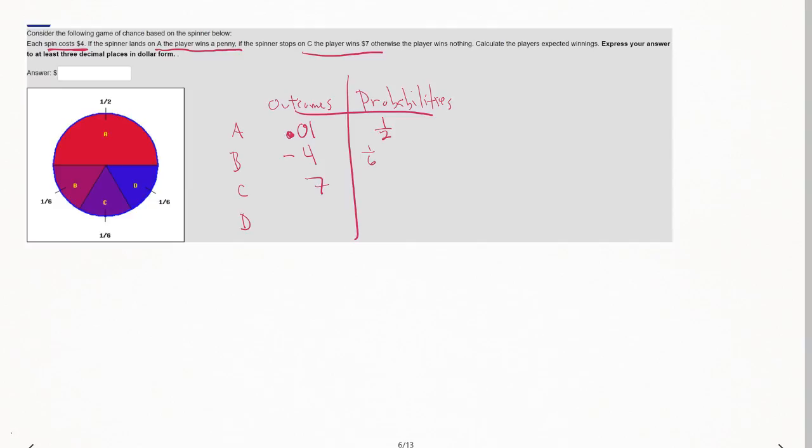And the probability of landing on C is 1/6 as well. And then the probability of landing on D would be 1/6. And notice this one, it's an otherwise case, so they win nothing, so that means they lost $4. Now you might say, oh, the player wins a penny, maybe you subtract the $4. No, we're just saying they win a penny, so they get $4.01 back here.